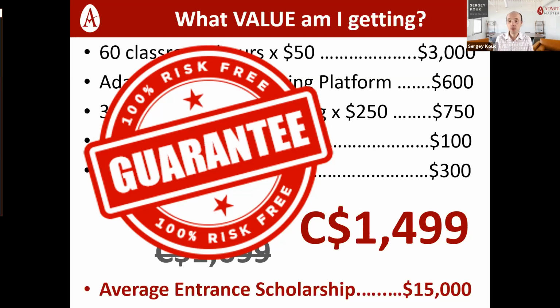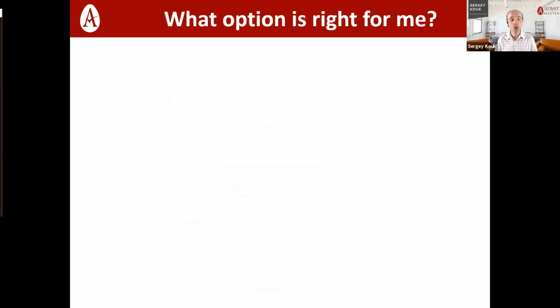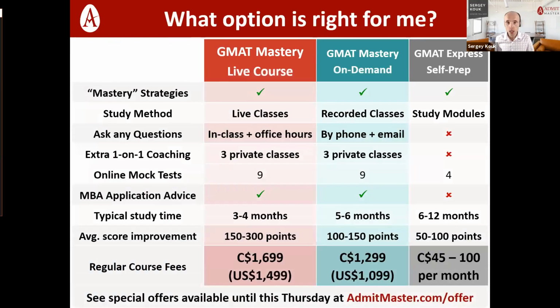Now, this is the option that's the most popular, and it comes with the unconditional guarantee. So as long as you need help, as long as you continue preparing, we're going to be here with you. We do have other options as well. There's an option to study completely by yourself, where we give you all of our strategies, and you can have access to this self-prep program anywhere from 1 month to 12 months. We typically recommend about 6 to 12 months if you're studying completely by yourself, unless you need a very small score improvement, and it is very affordable.